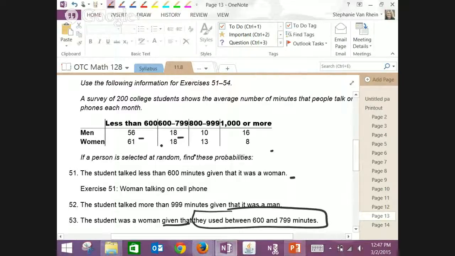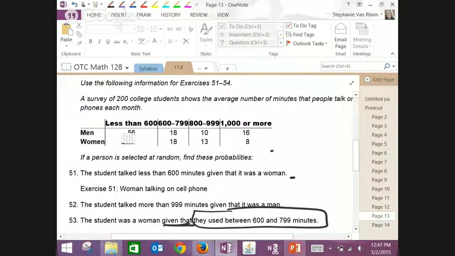So how many women use between... that would actually end up being a half, which would be 18 divided by 18 plus 18. So the "given that" is a key that it's a conditional.